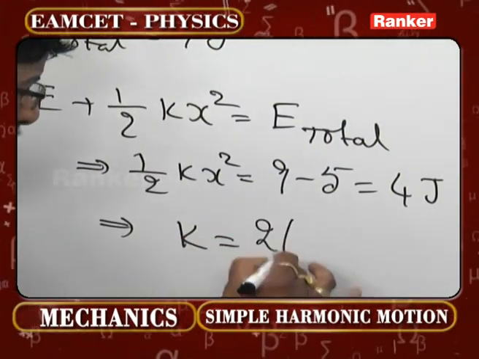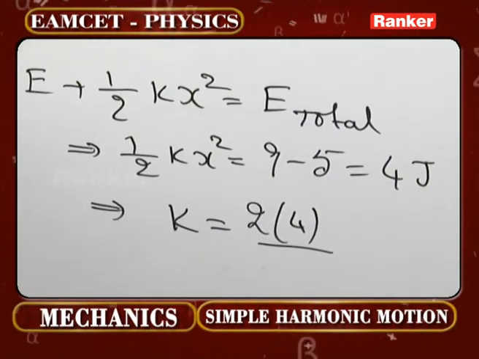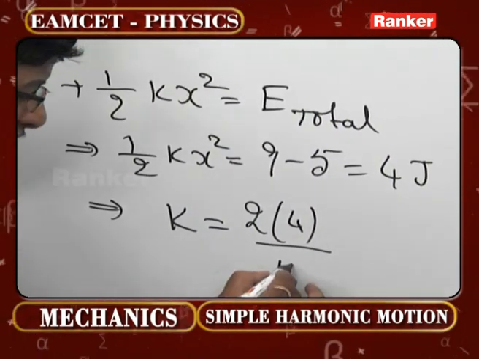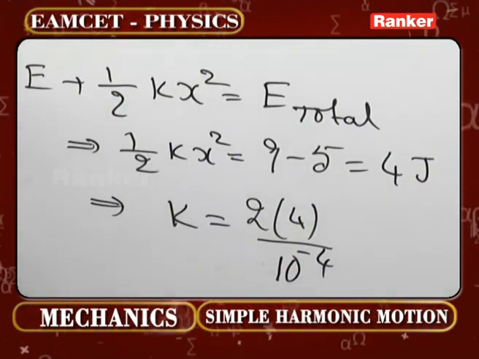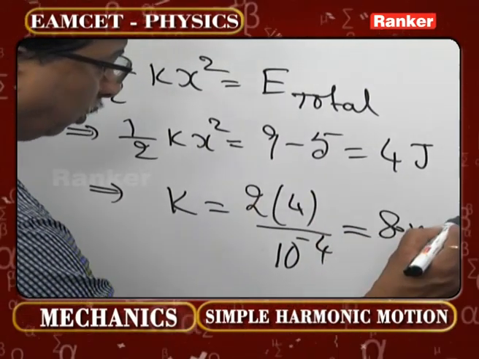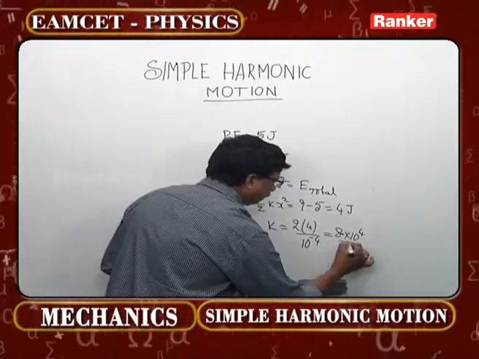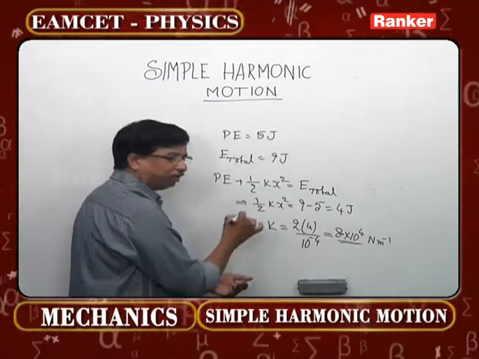So 2 times 4 by x square. What is x that is given? 0.01. I write that one as 10 power minus 2 whole square. That is 10 power minus 4. Then what will be this value ultimately? 8 into 10 to the power 4. This is actually Newton per meter. That is the corresponding unit for K.